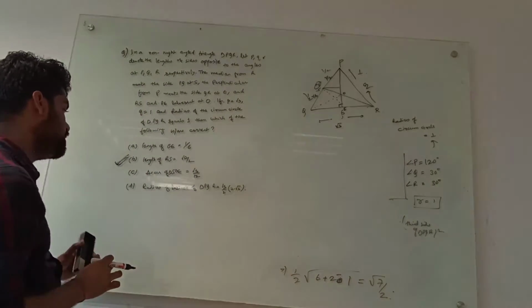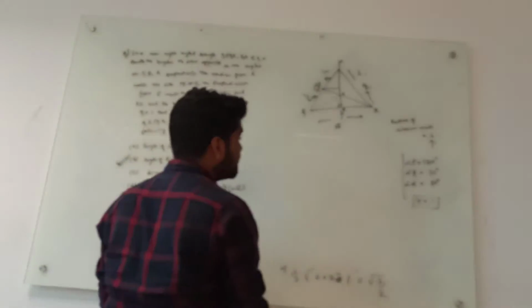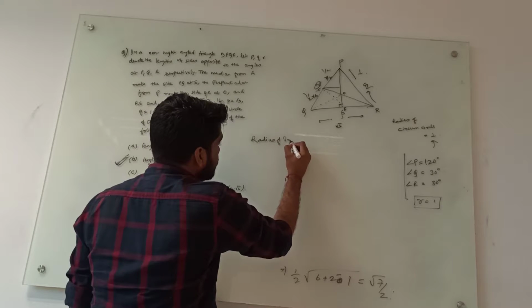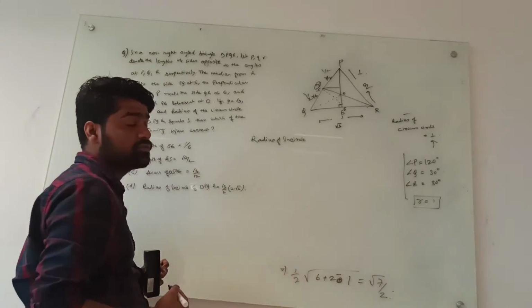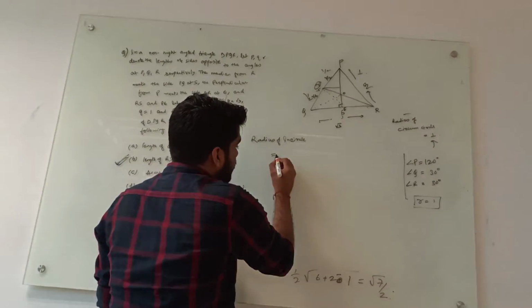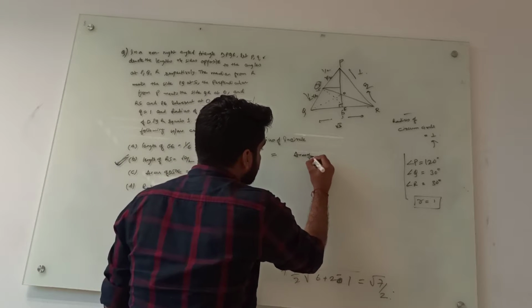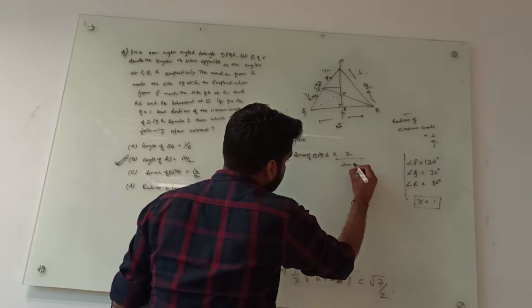Next part. If we go for finding the radius of the incircle, because we know the radius of the circumcircle, we can use that particular formula. What is the formula? Radius of incircle will be written as area of triangle PQR into 2 by sum of sides.